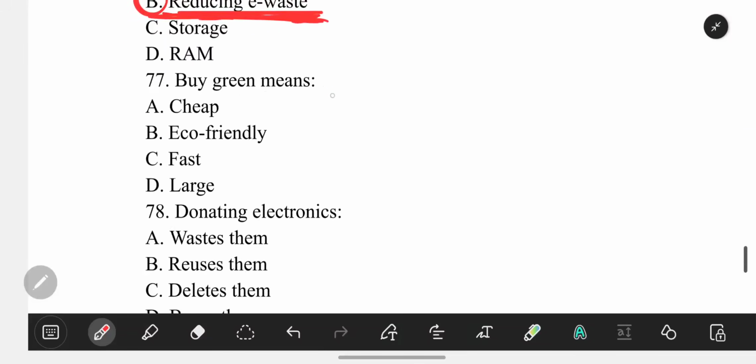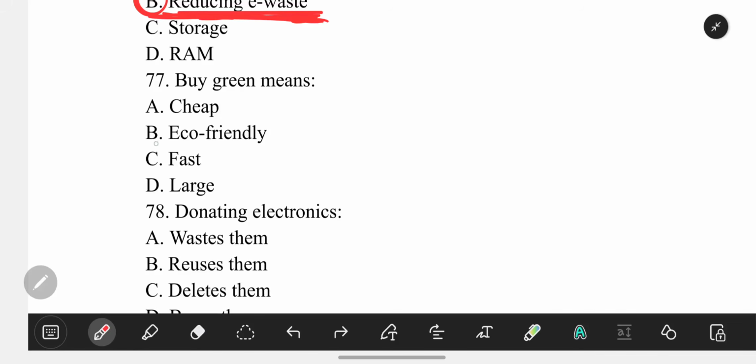Then we have buying green means. So buying green simply means buying substances that are eco-friendly, which means we are choosing environmental safe products.